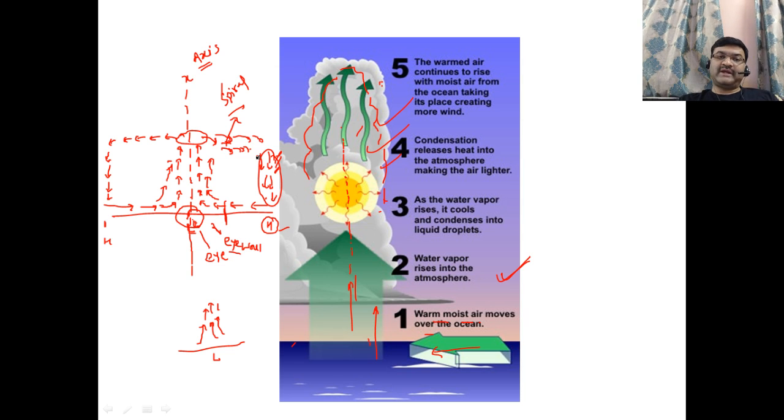Are you getting some idea about the structure out of the diagram I have drawn here? Yes, in the northern hemisphere the cyclone will be anti-clockwise.